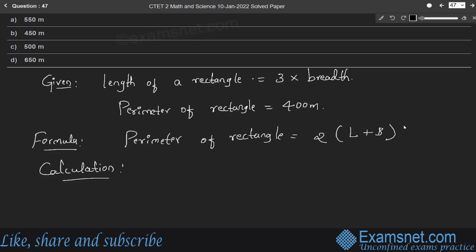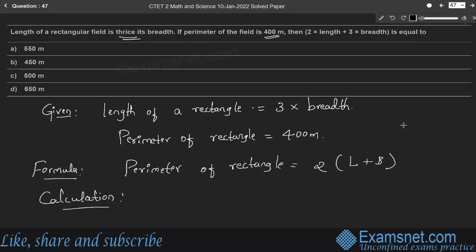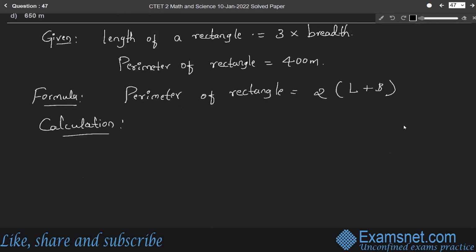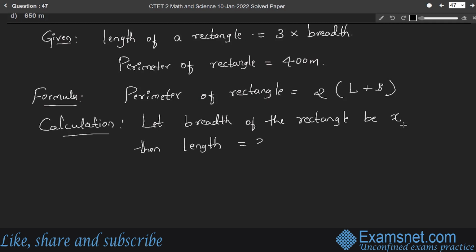So according to the question, length of the rectangular field is thrice its breadth. Let breadth of the rectangle be x, then length is equal to 3 times breadth, that is 3 into x.